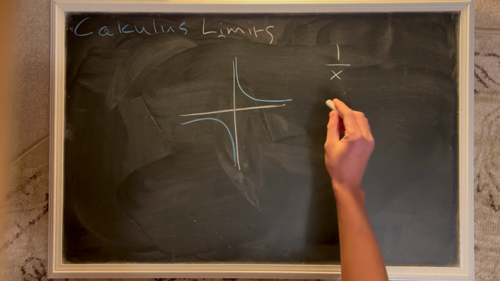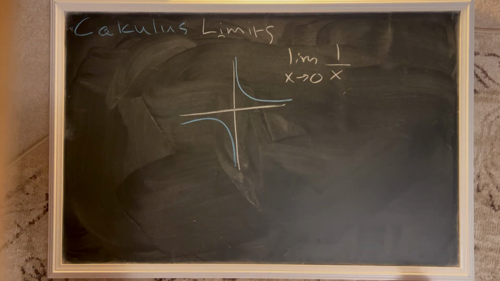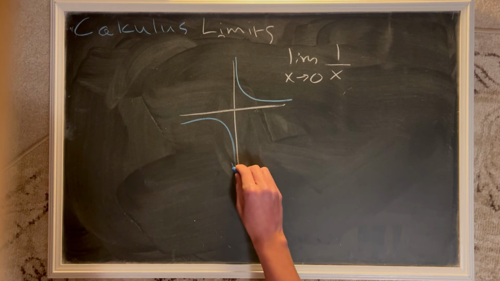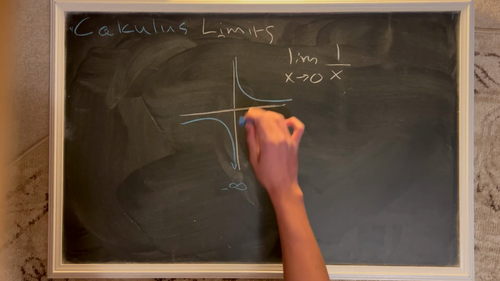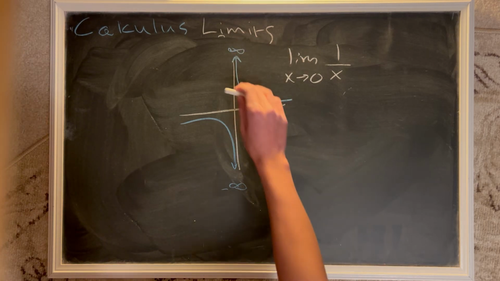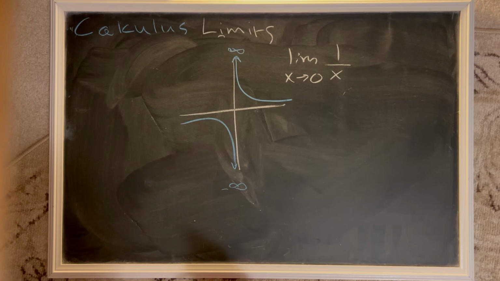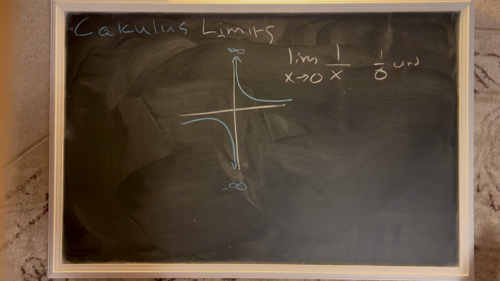So if we take the limit as x approaches 0, we actually can't do this limit. Because on this side it's going as far down as we can possibly go, so negative infinity. But on this side of 0, it's approaching infinity. And notice how this function has an asymptote here. It never touches 0, because 0 would make 1 over 0, which is undefined.